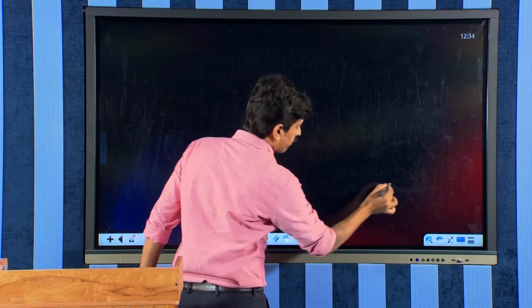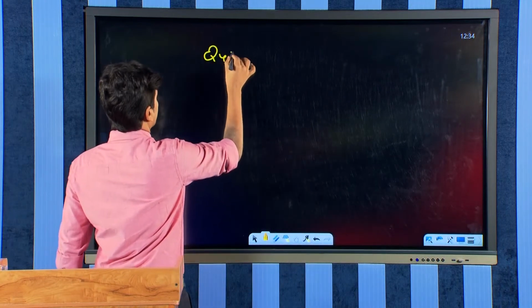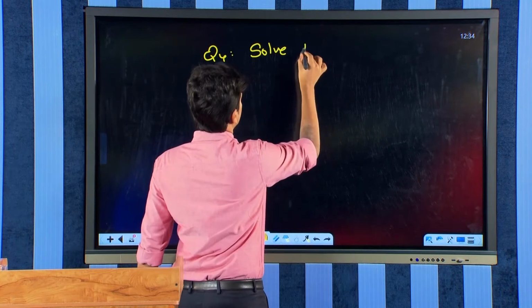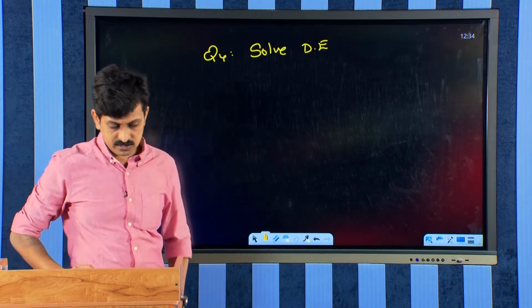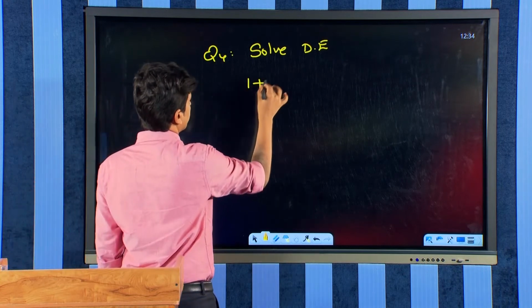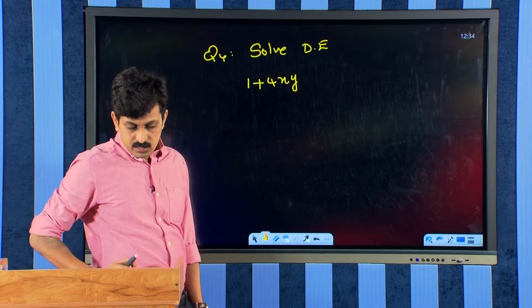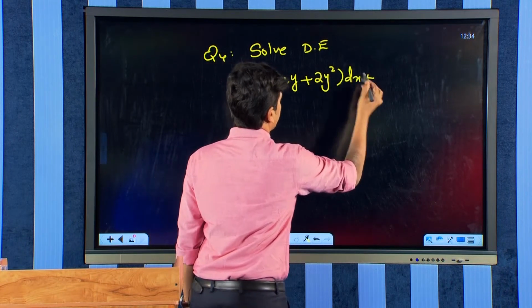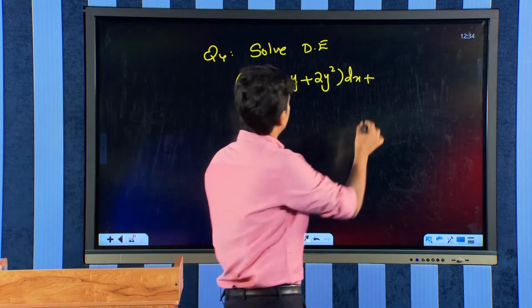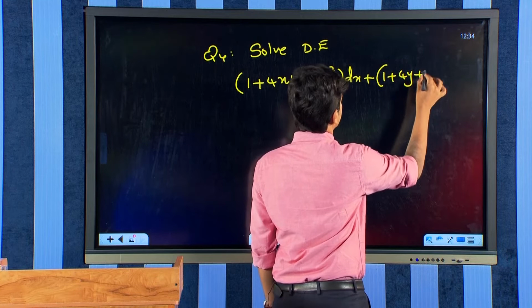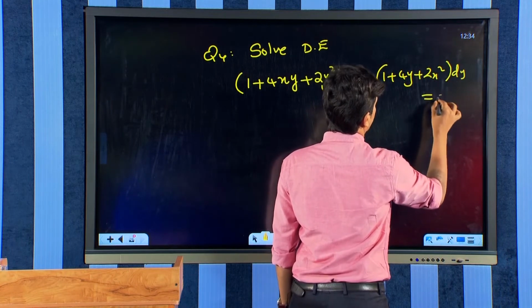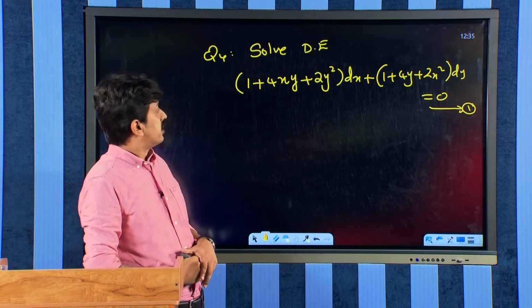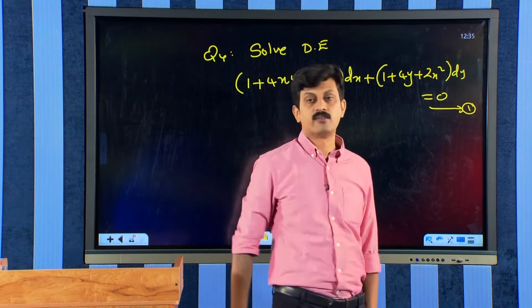In question number 4, we solve the differential equation (1 + 4xy + 2y^2) dx + (1 + 4xy + 2x^2) dy = 0. This is equation number 1.